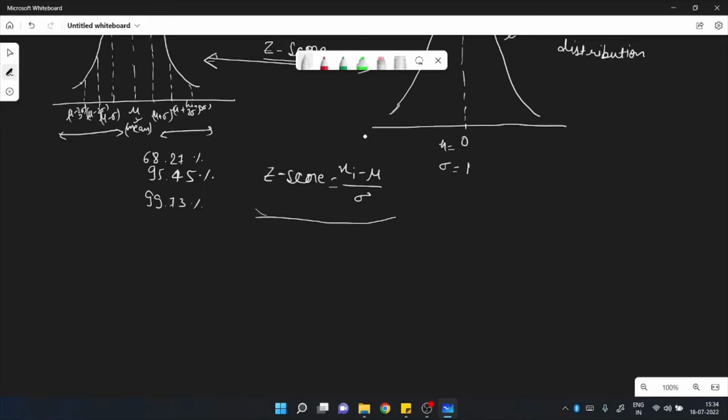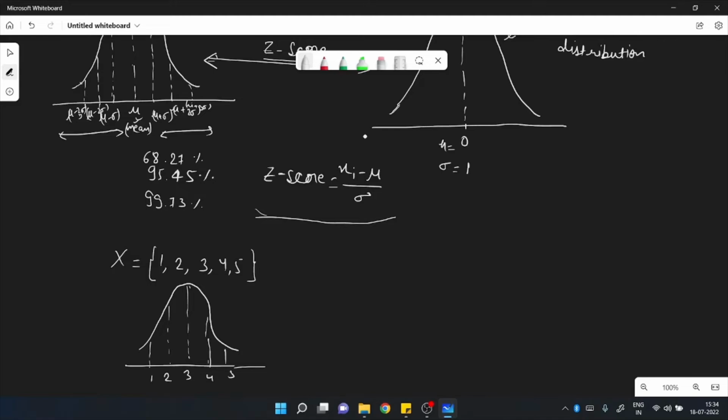Now let's suppose I have a data set. Okay, I have a data set like 1, 2, 3, 4 and 5. I have this particular data set, and suppose I have a normal or Gaussian distribution, and if I plot this data set, it will be like this: 1, 2, 3, 4 and this one will be 5.